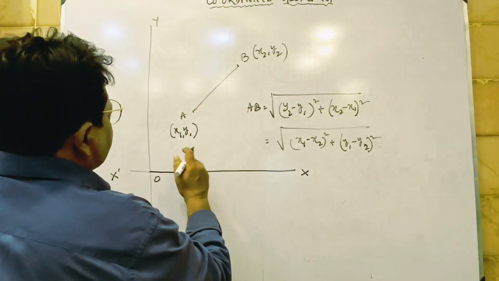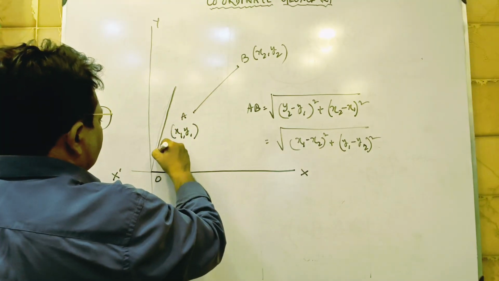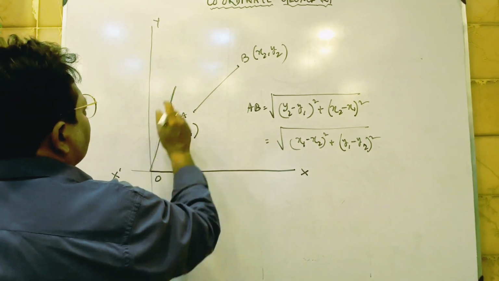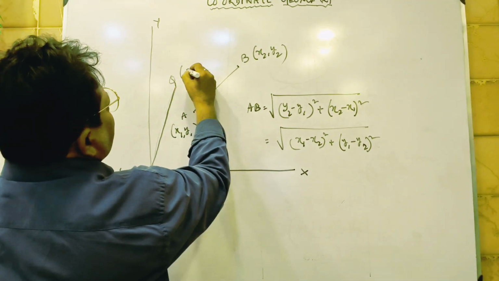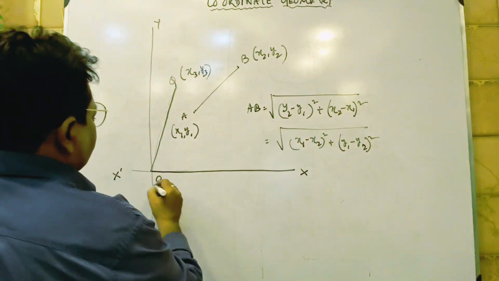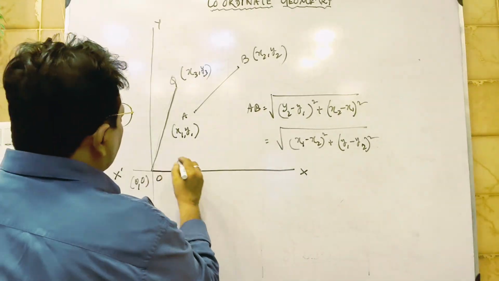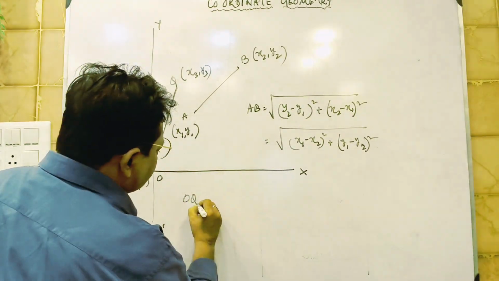Now what will be the distance of a point, suppose this point Q, whose coordinates are x3, y3, from the origin, whose coordinates are 0, 0? So what will be the distance OQ?